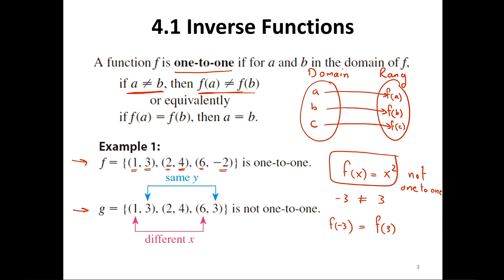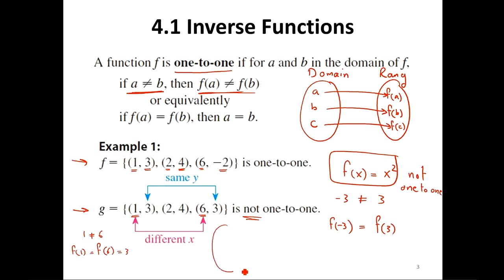But G is not one-to-one. Why not? Look at this. We have 1 and 6. 1 links with 3 and 6 links with 3 also. So we have 1 not equal 6, but f(1) equals f(6), both equal 3.